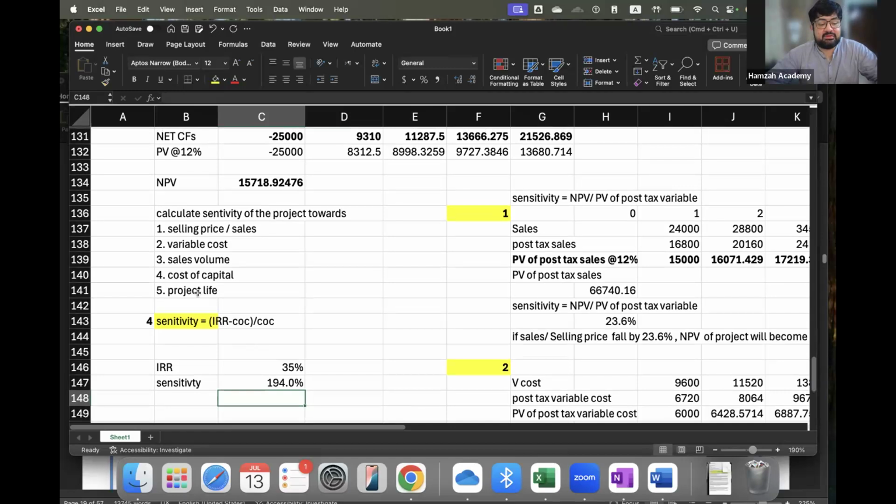The next, the last, is project life. If there is confusion, you can ask any question. If at any point you think that I was too quick, you can ask me to re-explain.